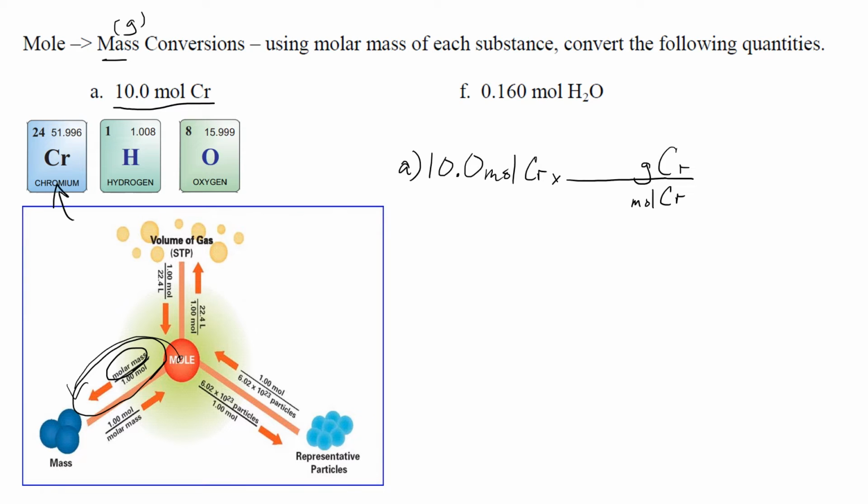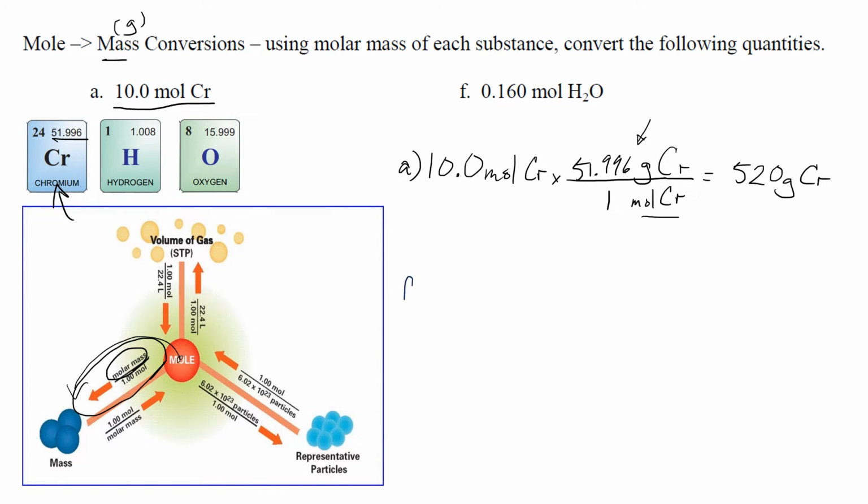So here I have a snippet of the periodic table already written out, and it's 51.996 grams of chromium over 1 mole, right? 1 mole of chromium weighs this much. That's what this number is trying to say. So all I got to do is multiply across, and I get 520 grams of chromium. Seems easy enough.